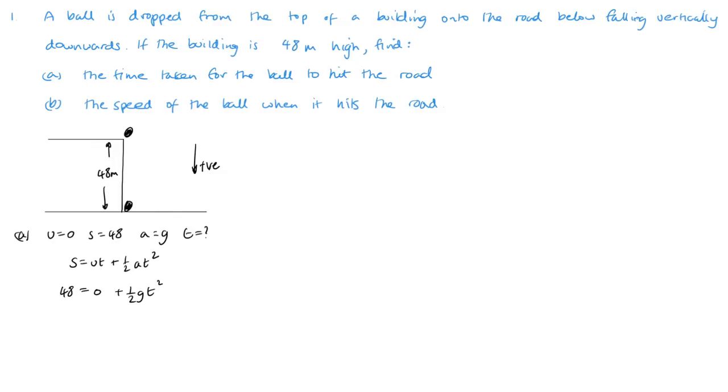So take the 48 divided by 4.9, which is the half g, and we get that t squared is equal to 9.796, which when I square root, I get that t is 3.1 seconds to 2 significant figures.